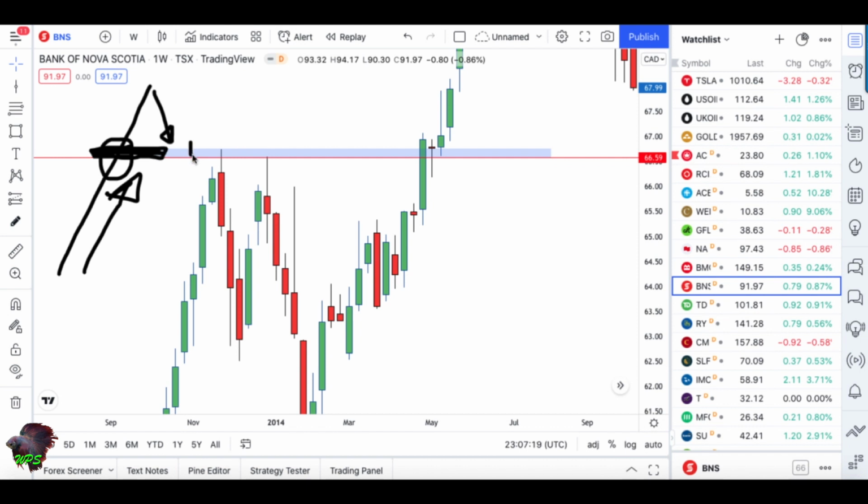And oh boy, what happens here, okay? We get this picture perfect pin bar at that area after the breakout, okay? Take a look at that. This candle breaks out, it creates the high, market comes down. Look at this huge wick right there, okay? So the sellers were trying to break and close the price below the 66.59 area.